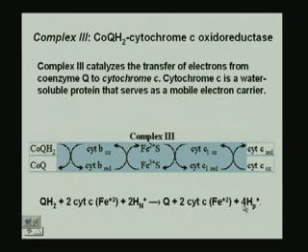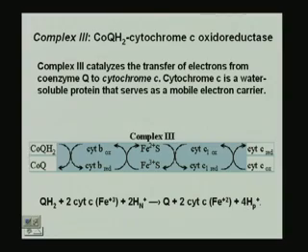And we have 4 H plus in the intermembrane space. So, what have I done? In this complex 3, I have reduced cytochrome C, right? I have oxidized Q and I have transferred in effect 2 protons to the intermembrane space. Okay? So, this is the overall reaction of complex 3.